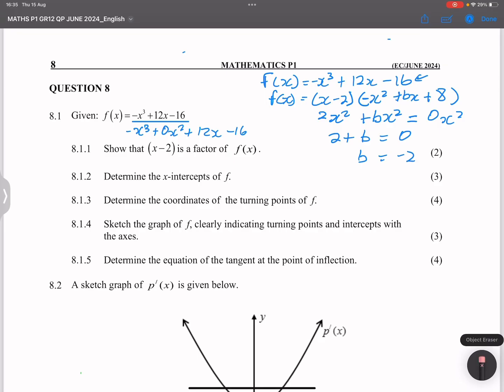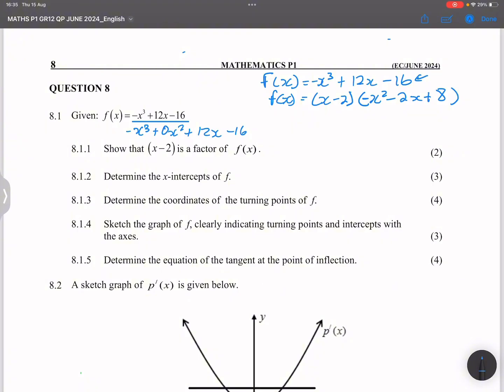So that means if I factorize that, that value there will be minus 2x. All right, so let's find the x-intercepts.